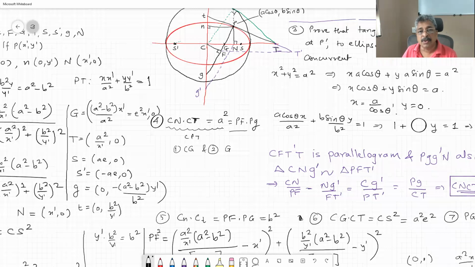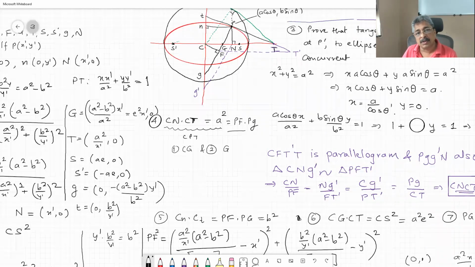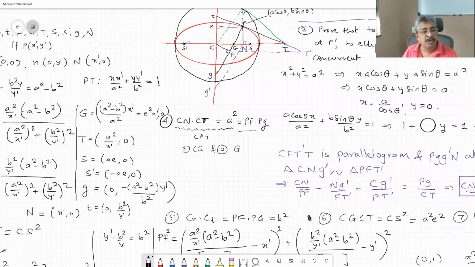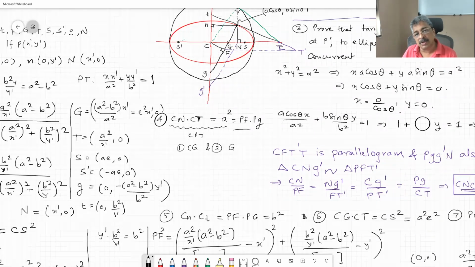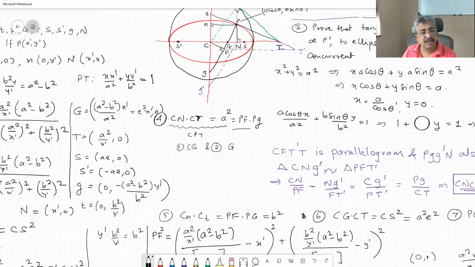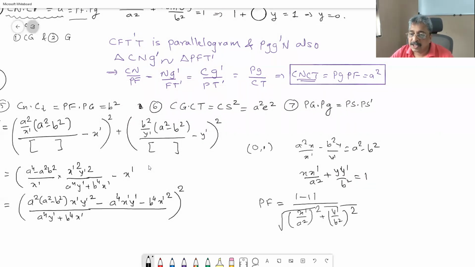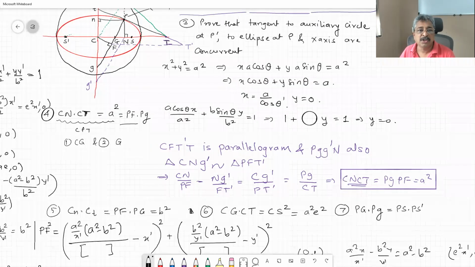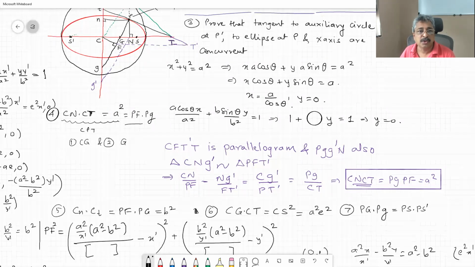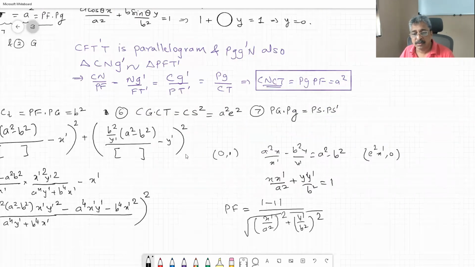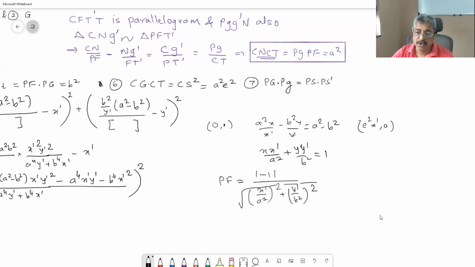Distance PG, from P to G. So G is known to us, it is going to be again G is e square x dash comma 0. So e square x dash comma 0, its distance from the tangent is PG. Okay, PG. Let us do it.